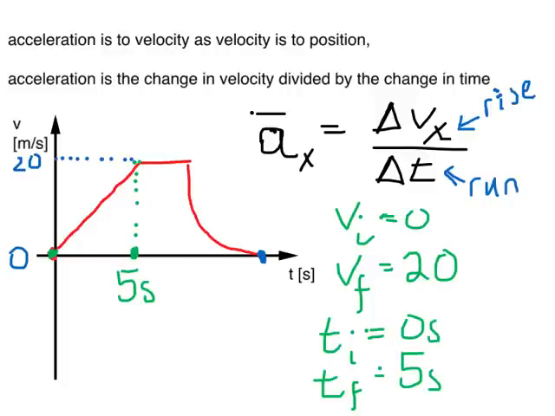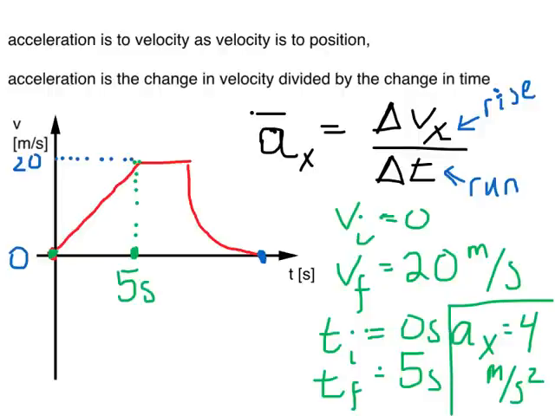Now make sure everything has units. And then my average acceleration over this trip is going to be 20 over 5, or 4, and that's going to be meters per second squared. And that's going to be my average acceleration, average, so it gets a little bar, for this entire trip.